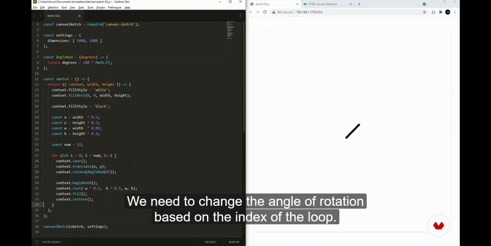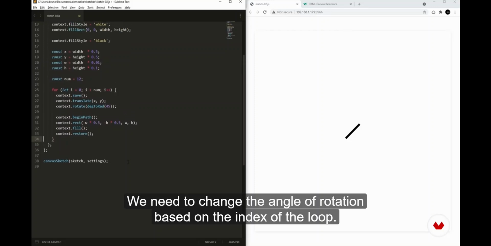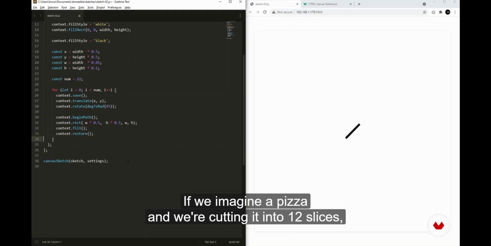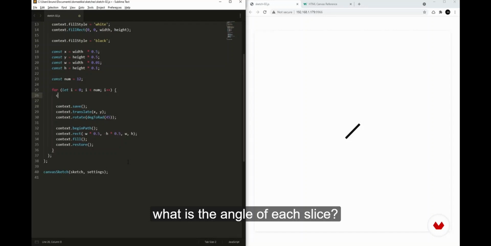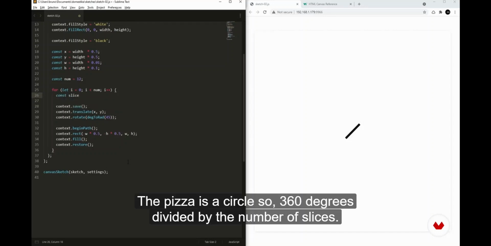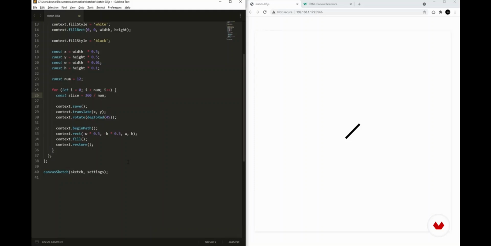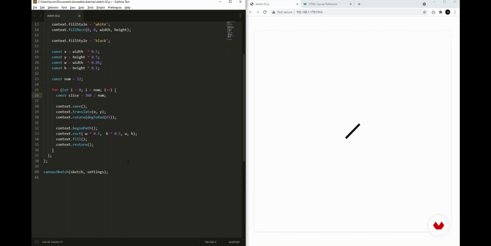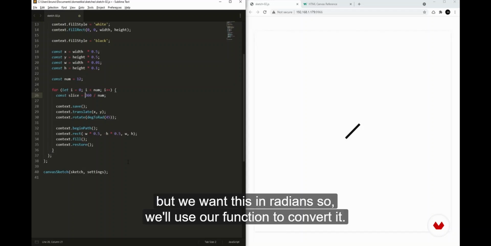Now we need to change the angle of rotation based on the index of the loop. If we imagine a pizza and we're cutting it in 12 slices, what is the angle of each slice? The pizza is a circle, so 360 degrees, divided by the number of slices. With some quick math, we can tell that this is going to be 30 degrees. But remember, we want this in radians, so we need to use our function to convert it.